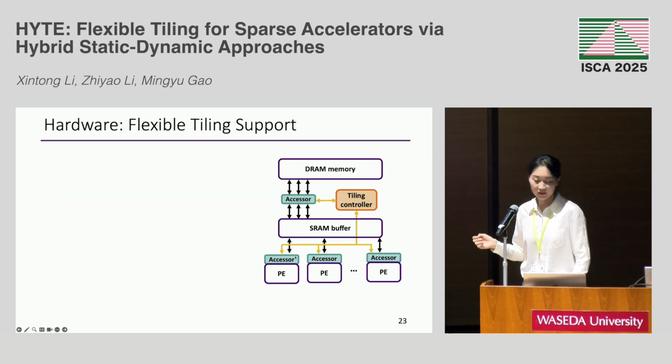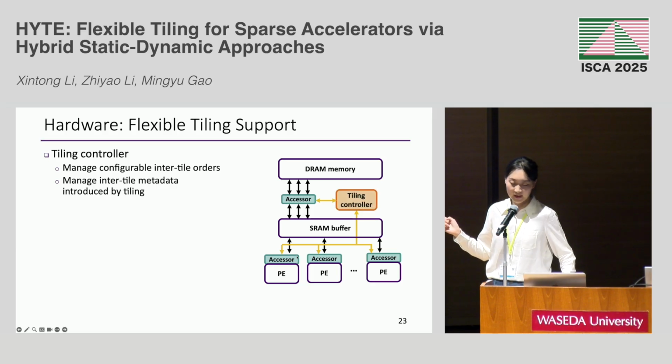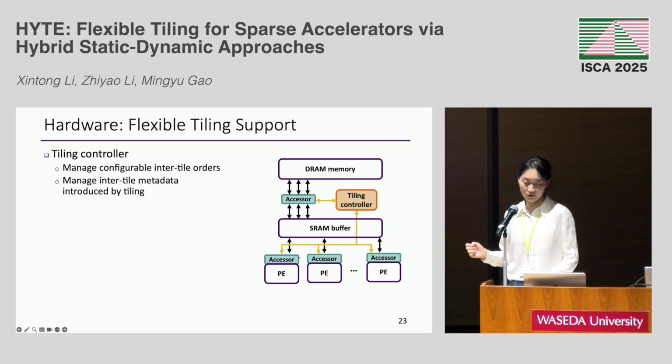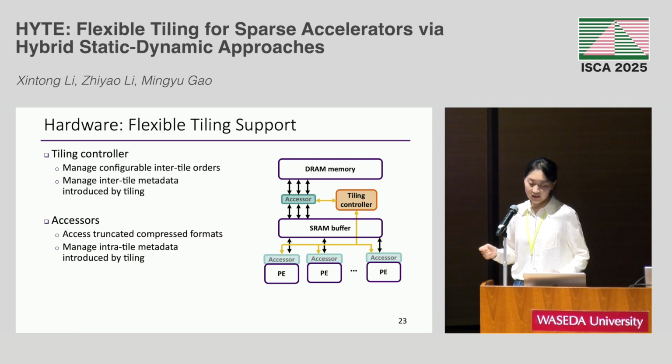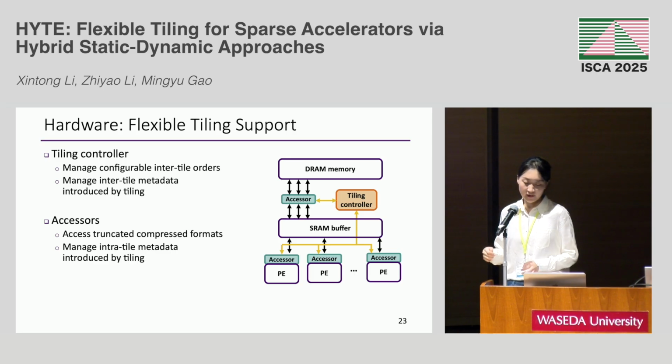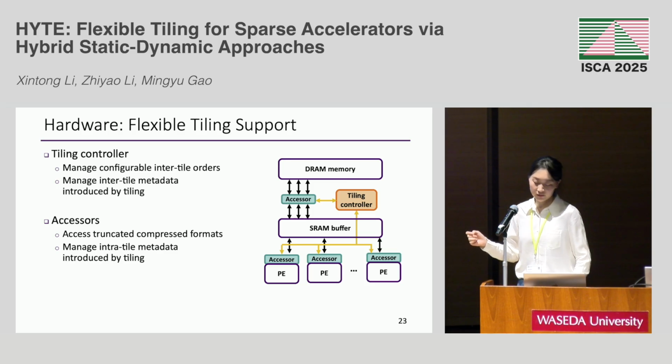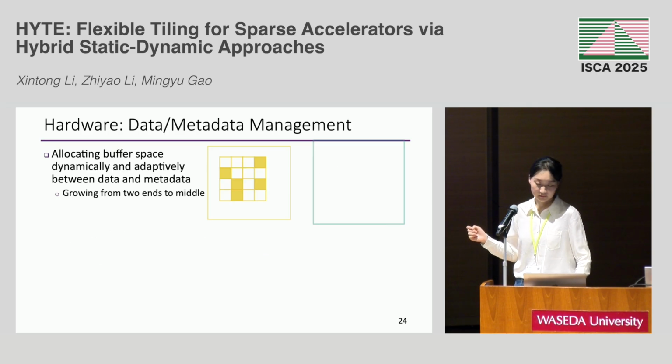For hardware design, to support the flexible design space, we introduced a tiling controller to manage the configurable inter-tile orders and preserve the metadata from compression. For the intra-tile access, we add accessors to handle access to the truncated compressed formats, including the coordinate checks and metadata management.